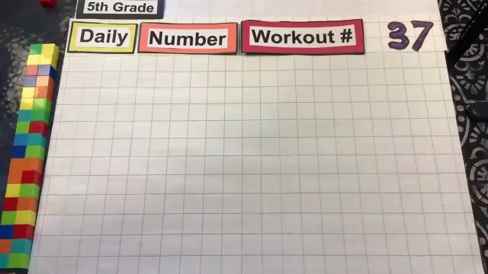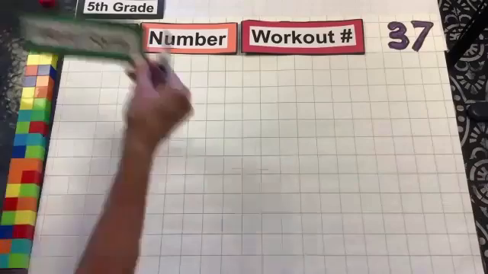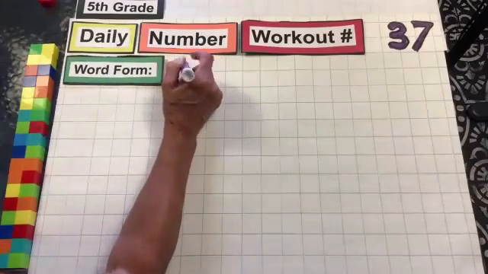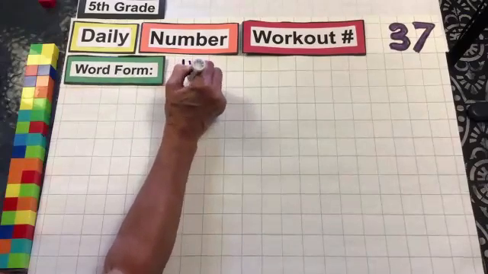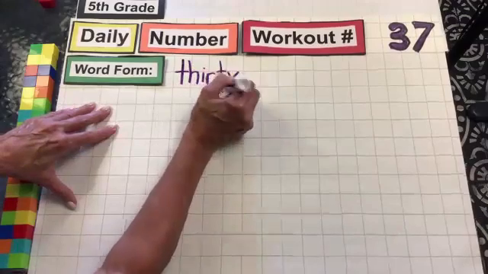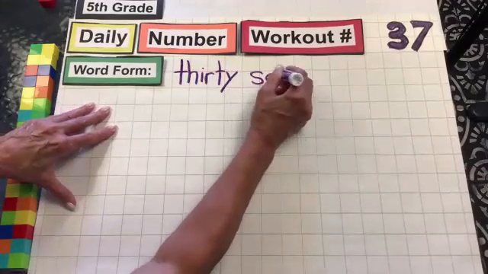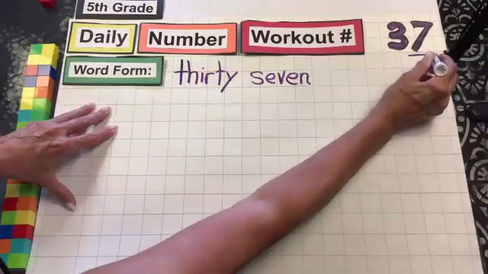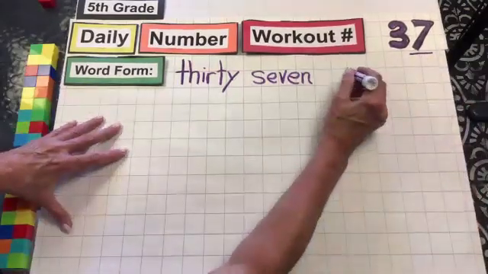Today our number is 37. So let's check and see how you did. We're going to write it in word form. 37. And since it has a 7 in the ones place, it is odd.